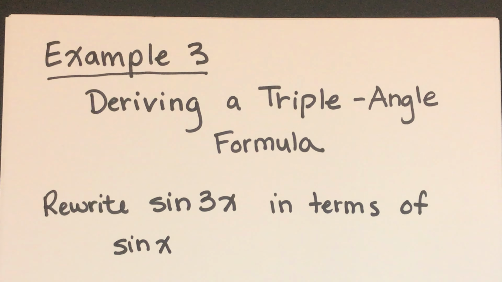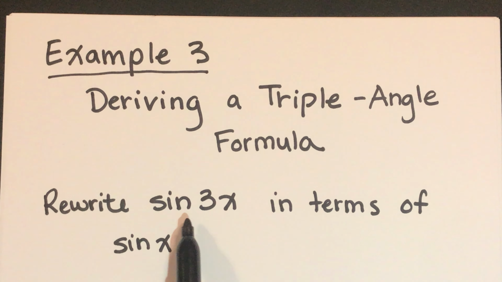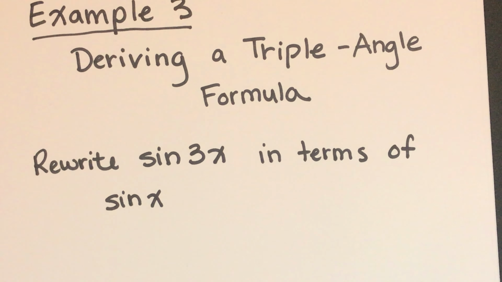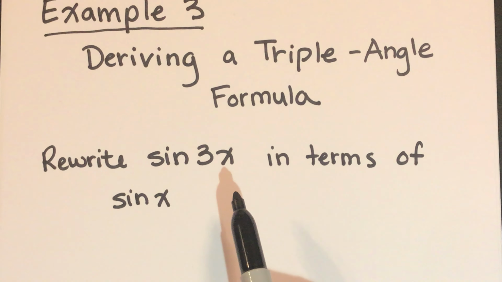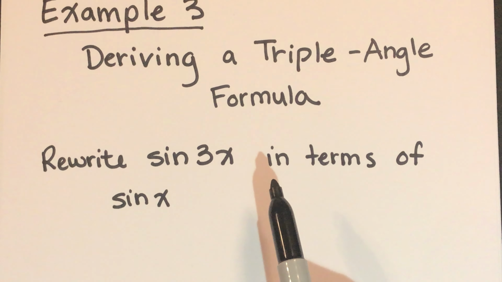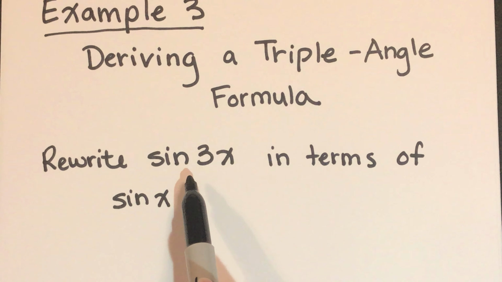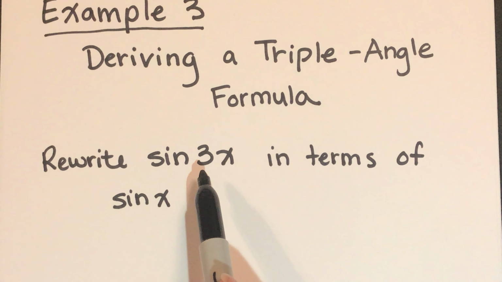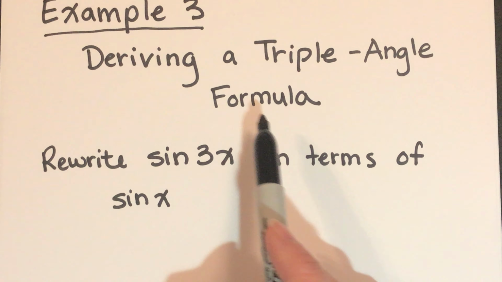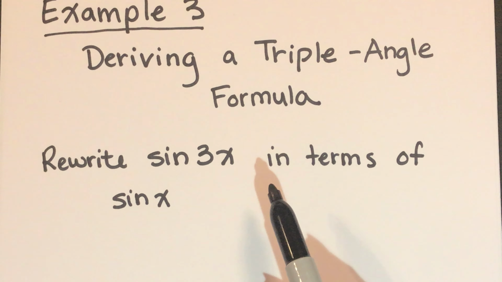So we don't have a set formula. I mean, well, there are some. We're about to make one. But I don't have a chart of formulas for triple angles. But we can use everything we know to create a formula for ourselves for sine of 3x. So deriving a formula means we're going to come up with the formula ourselves.